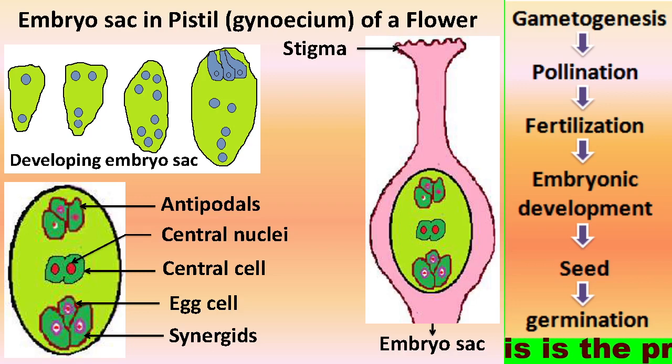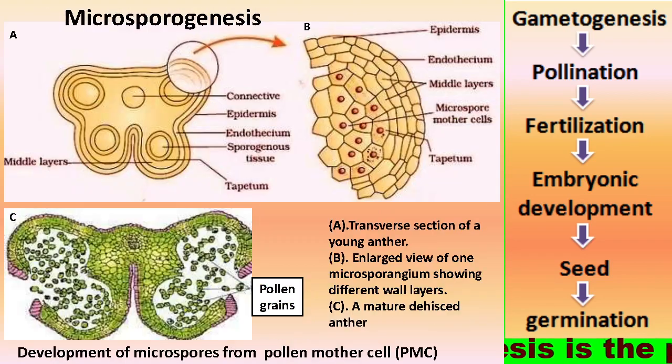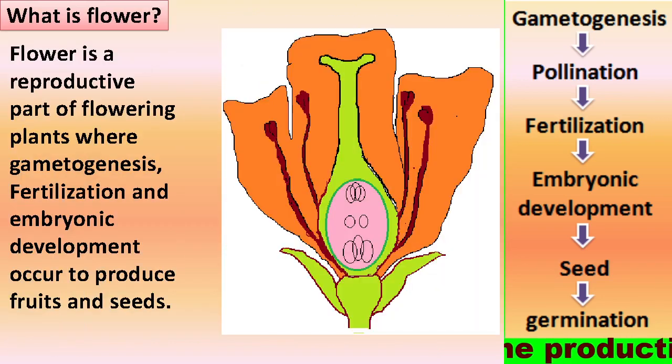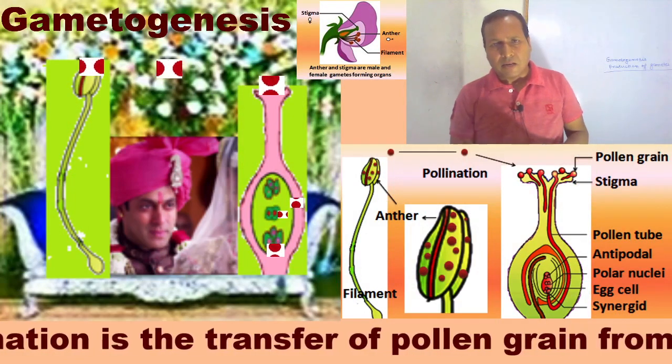You can see in this figure the embryo sac contains antipodals and central nuclei. There are 2 central nuclei in a central cell, and there is one egg cell and two synergid cells. This is the format of an embryo sac which will be used for double fertilization. You can understand it very clearly in the lecture on double fertilization.